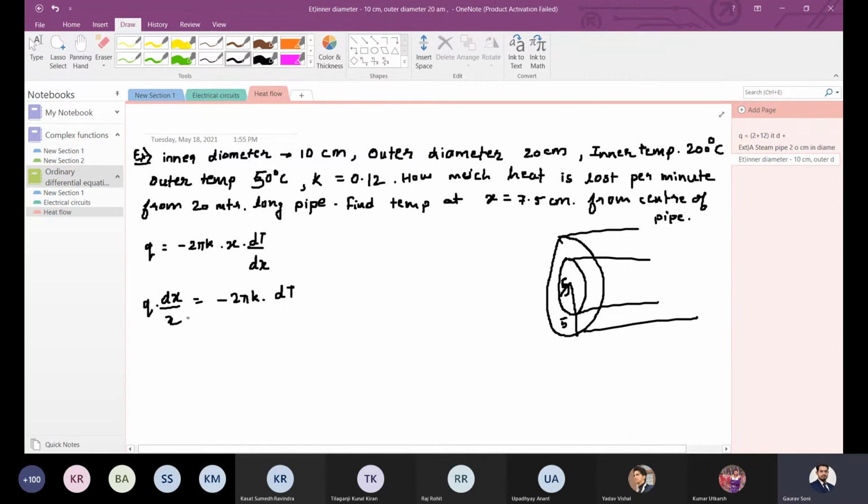Integrating on both the sides, being variable separable form, the limits are going to be, covering is 5, so total distance will be 10, sorry. So integration will go from 5 to 10. At the distance 5 units, our temperature is 200, and at distance 10 units, our temperature is 50.